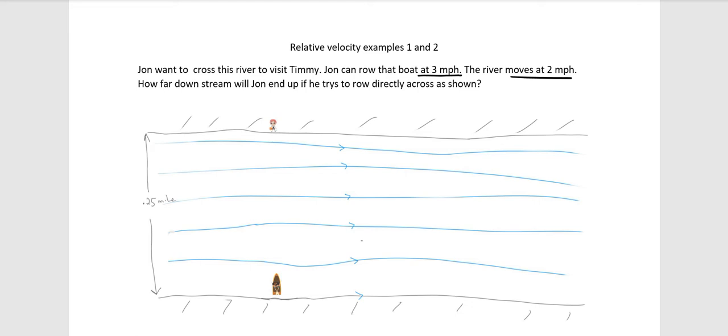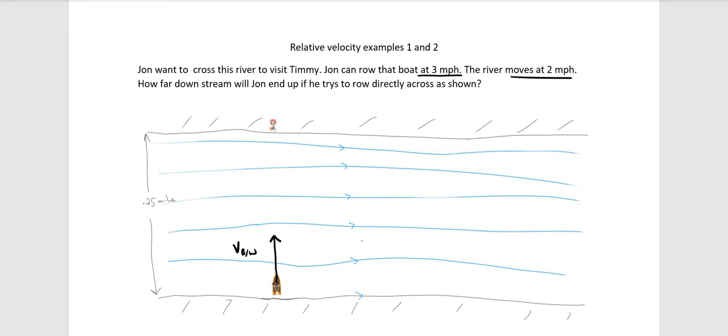So the question we're going to work on is how far downstream will John end up if he tries to row directly as shown, meaning that he keeps the boat pointed directly like this. So this velocity vector that I'm drawing is the velocity of the boat with respect to the water.